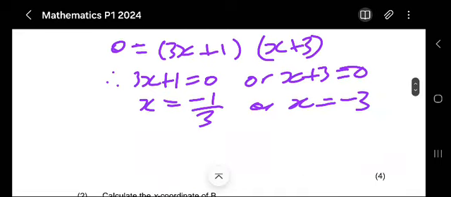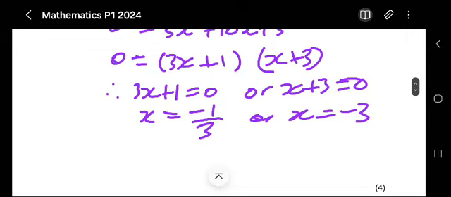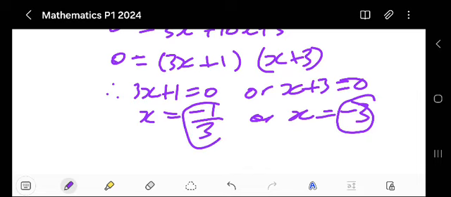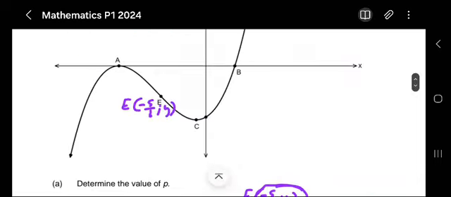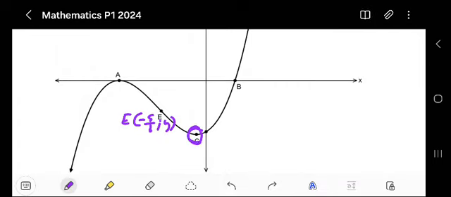Then we'll substitute this into our original equation, isn't it? My question: will you use this or this? Let us evaluate. Yes, you can check. The turning point must be lower, must be less there.